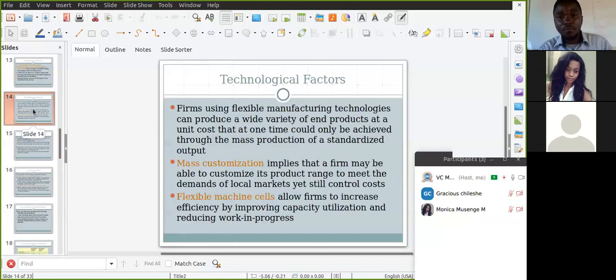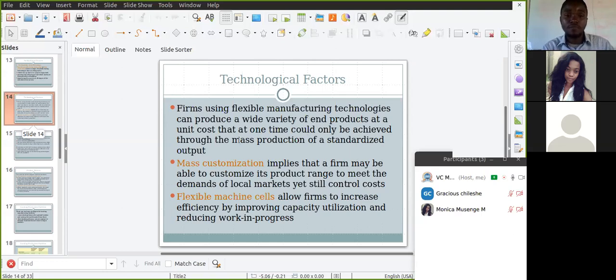Firms using flexible manufacturing technologies can produce a wide variety of end products at a unit cost that at one time could only be achieved through the mass production of a standardized output. So mass customization implies that a firm may be able to customize its product range to meet the demands of local markets, yet still control costs.